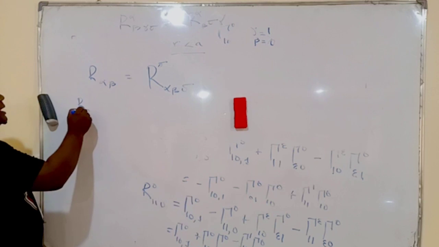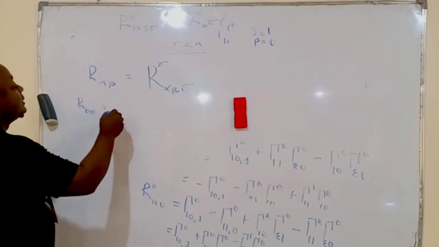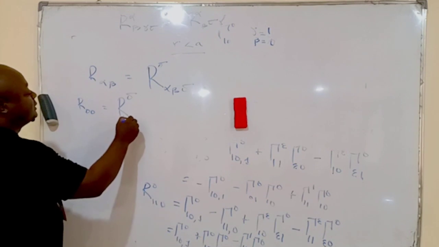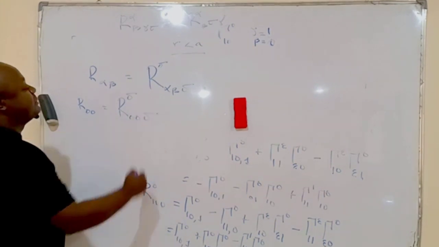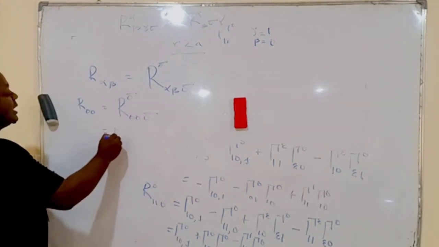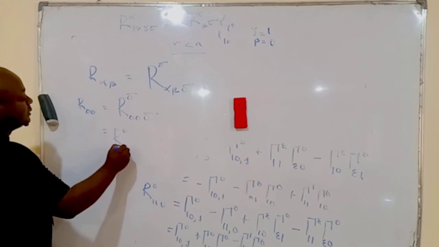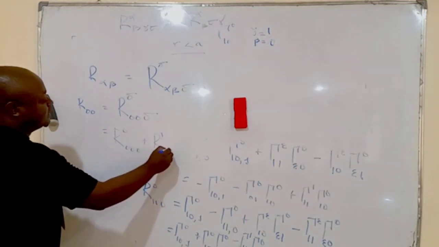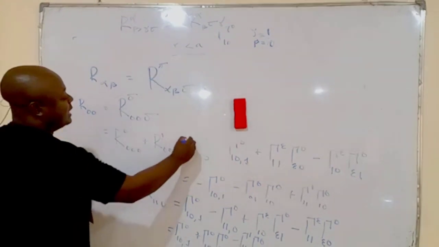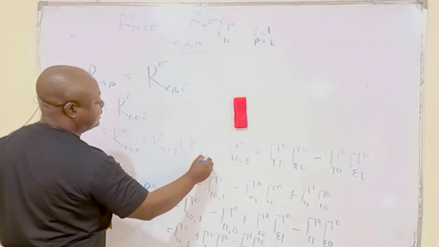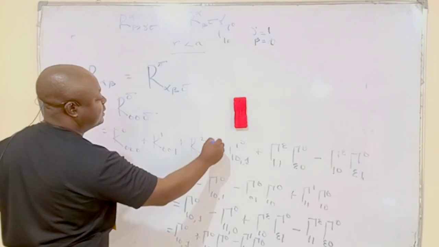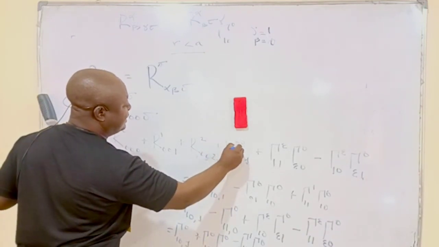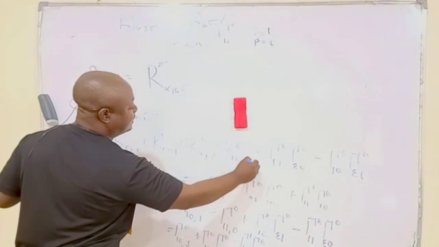So if I want my R00, I will have R sigma 00 sigma, which is the same as R0000 plus R1001 plus R2002 plus R3003.